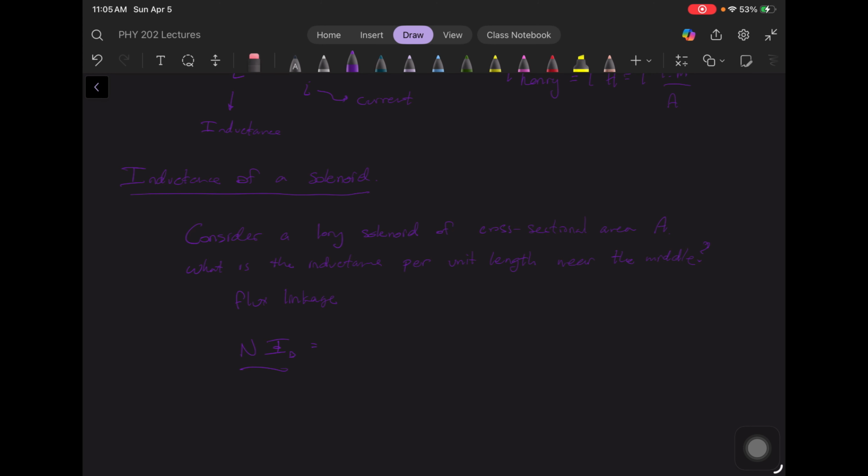And so if we have n, the number of turns per unit length, well, we're going to have to multiply that by L, which is some length we're looking at.